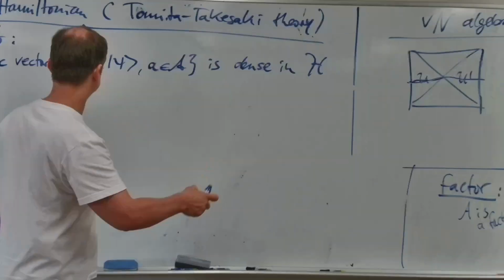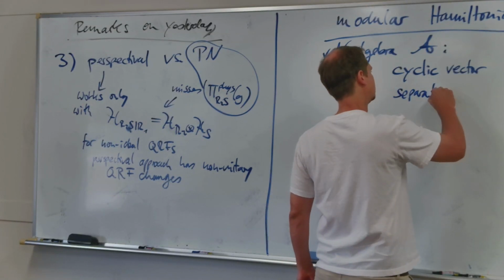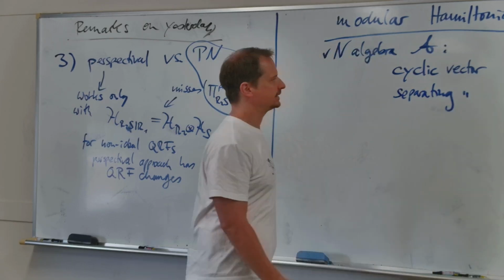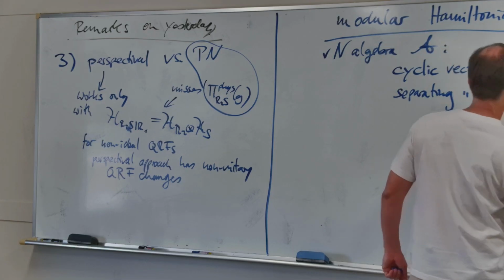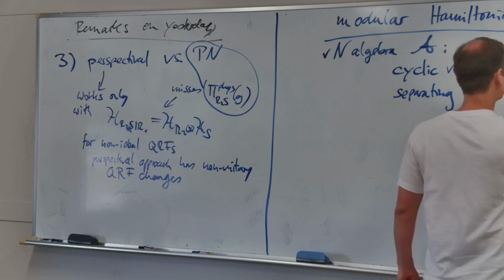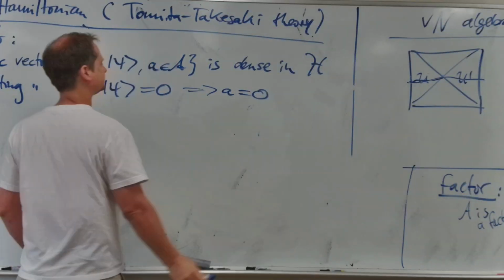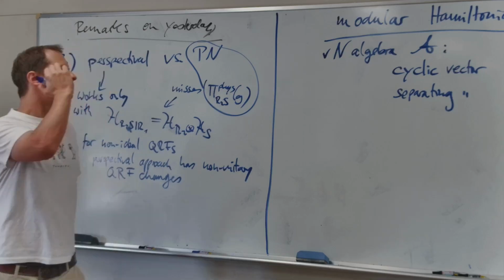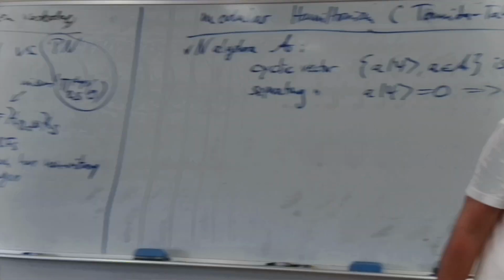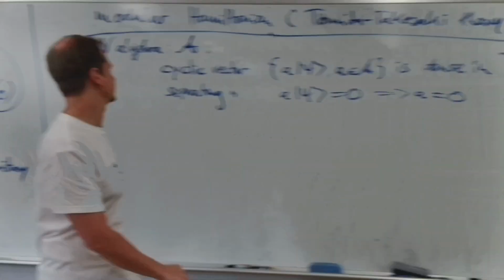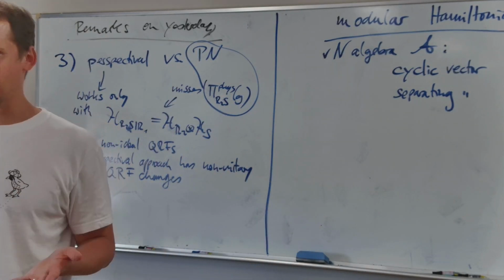And a separating vector is one such that Aψ equals 0 implies that A equals 0. Modular Hamiltonians are associated with particular states, and whenever you have a state that obeys these 2 conditions, you can define a so-called modular Hamiltonian that is associated with that state.